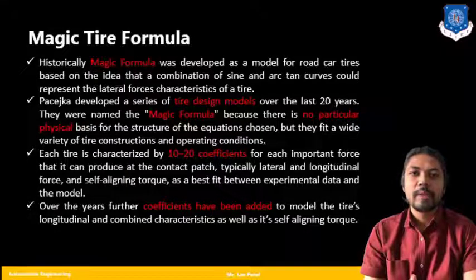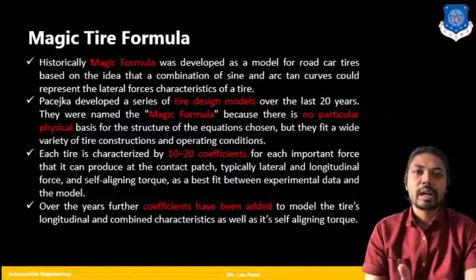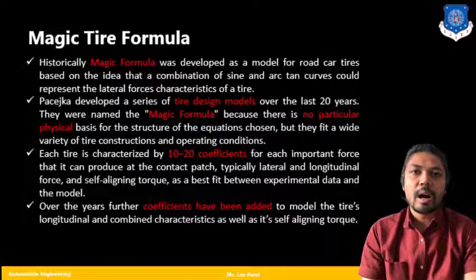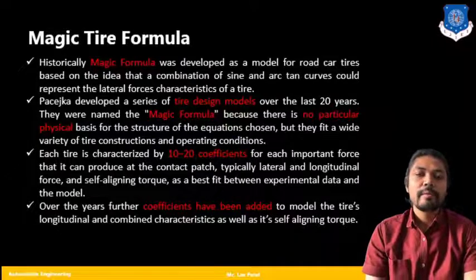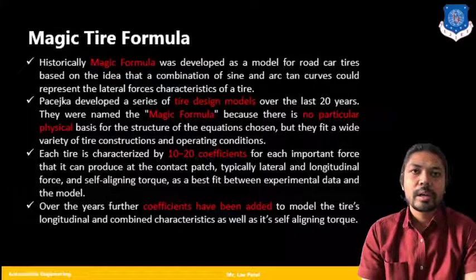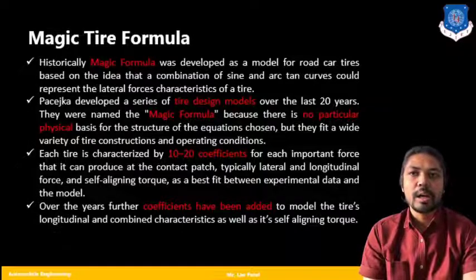So ultimately these equations are going to be used to calculate the force for a given vertical load, camber angle and slip angle. So this is how coefficients are going to work in our magic tire formula.